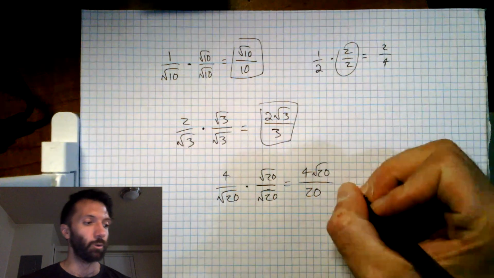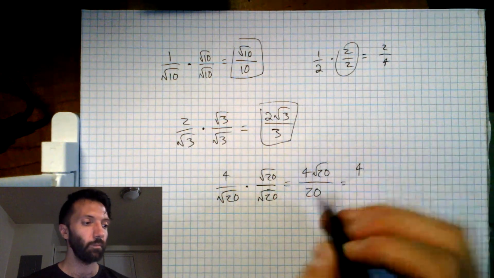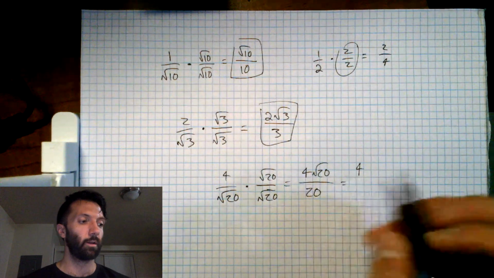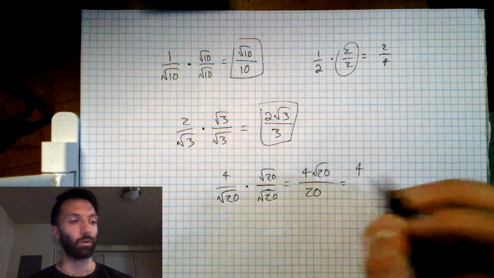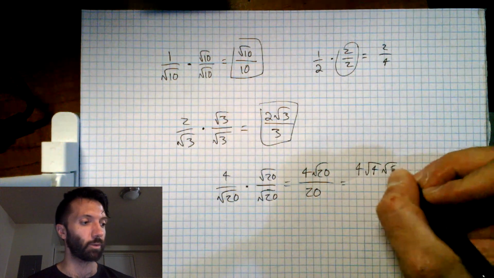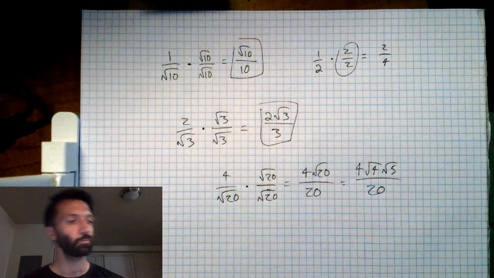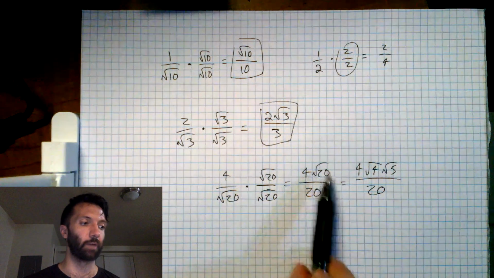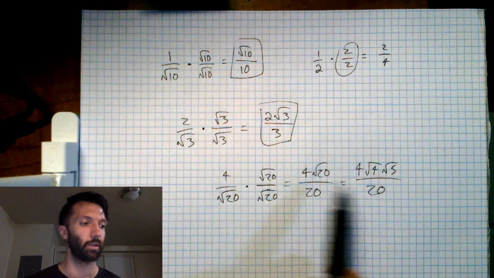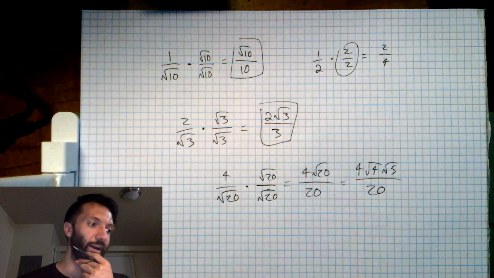So what I'm going to do is rewrite the numerator as I'm going to keep my 4, but now I'm going to factor the square root of 20 into the square root of 4 times the square root of 5. Okay? So again, all I did was I rewrote this exact same expression, except I factored root 20 into root 4 and root 5.